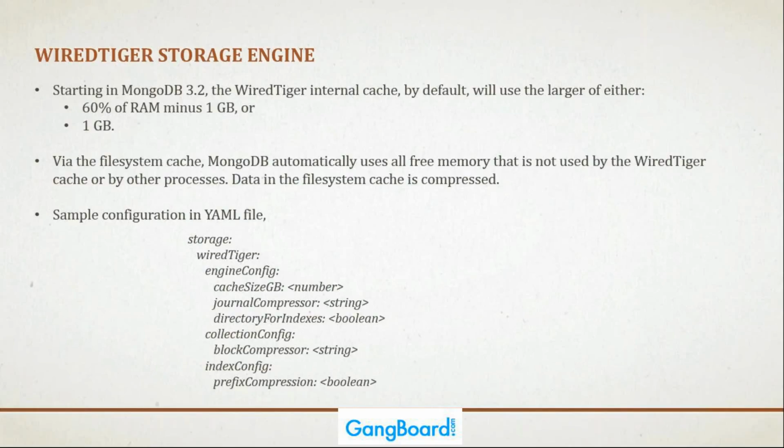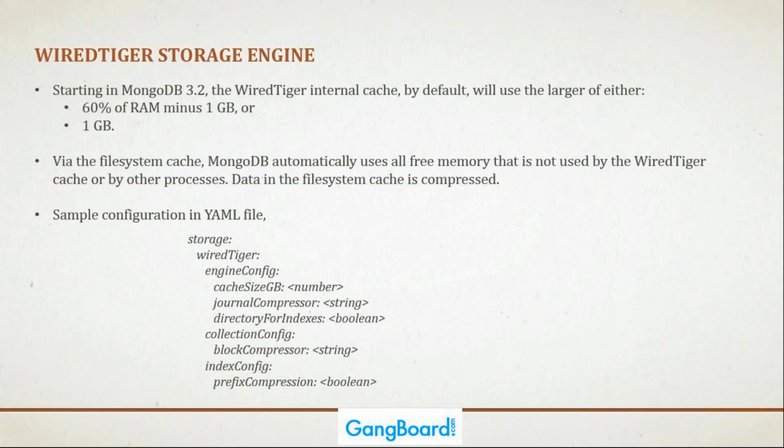So if you are setting up a new environment, you have to make sure the WiredTiger internal cache will take 60% of RAM minus 1 GB. You have to plan accordingly.